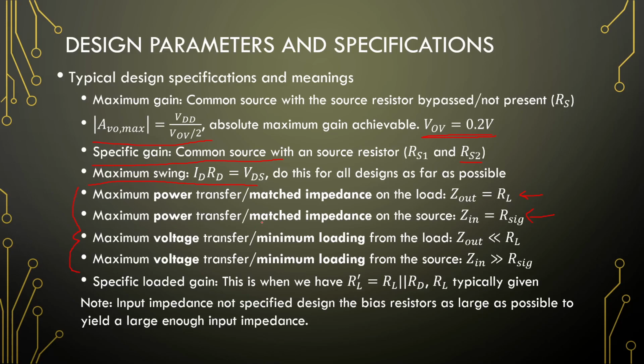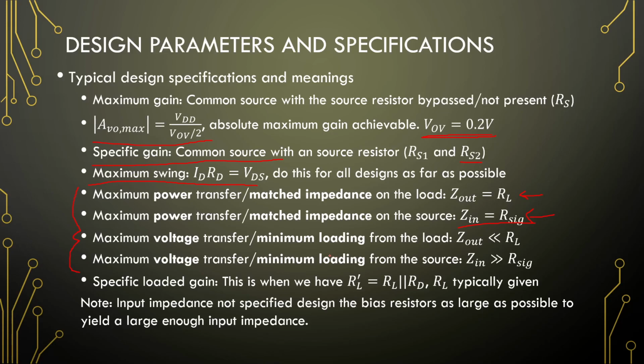So maximum power transfer from a source into the amplifier, since you can just choose your gate resistors to be the same as the signal resistor, and boom, you're matched. Okay, so that's for one option, and this will take your gain every time you have a matched impedance for maximum power transfer. That will halve the gain of your amplifier. We'll get to that in the next slide.